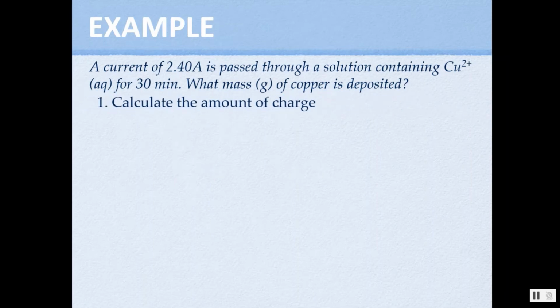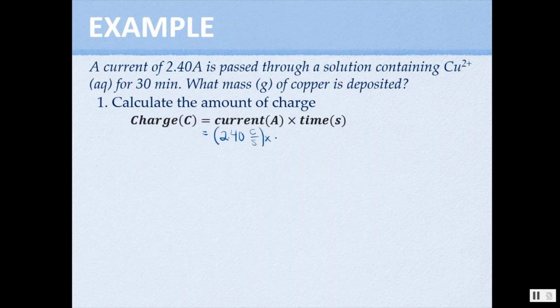Firstly, we're going to calculate the total charge that's applied, and we can do that using the fact that charge is current times time. In this case, our current is 2.4 amps, which I'm going to write as coulombs per second so I can see my units cancel, and the time is 30 minutes. However, because I have it in coulombs per second, I need that 30 minutes to be in seconds.